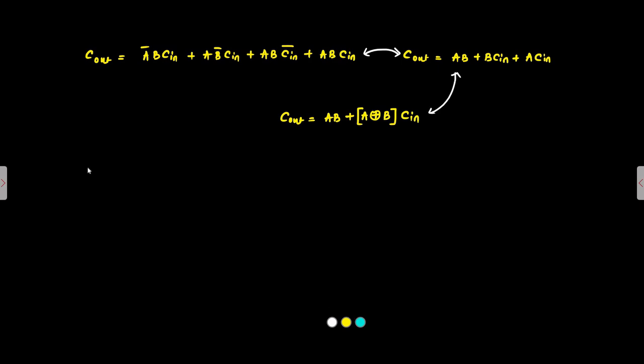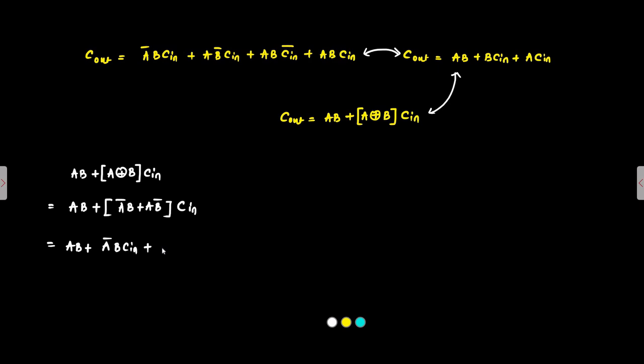Okay, so we'll take AB or A XOR B into C, so that is equal to AB or A bar B or A B bar into Cn, which is equal to AB or A bar B Cn or A B bar Cn.